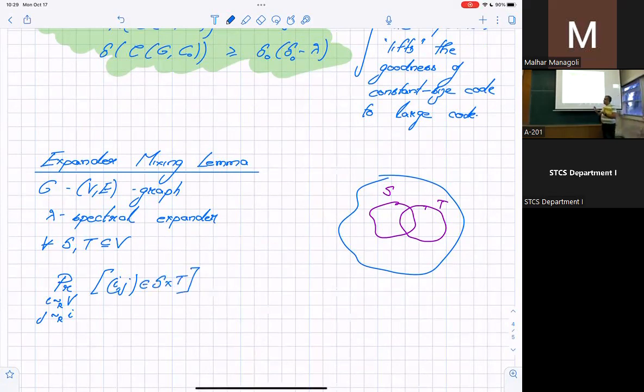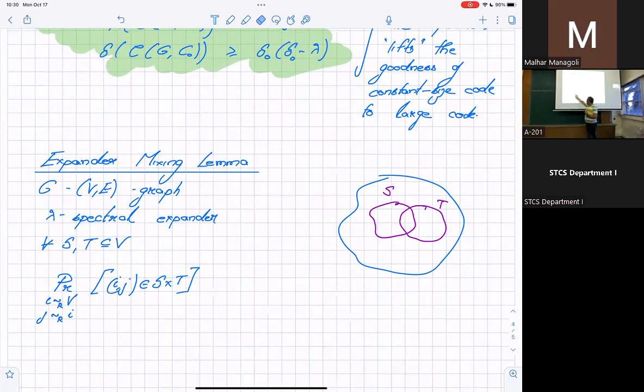Now, the expander mixing lemma is sort of trying to tell you how good the graph is as a random graph. So what would this quantity be for a random graph? I just want to say it qualitatively.